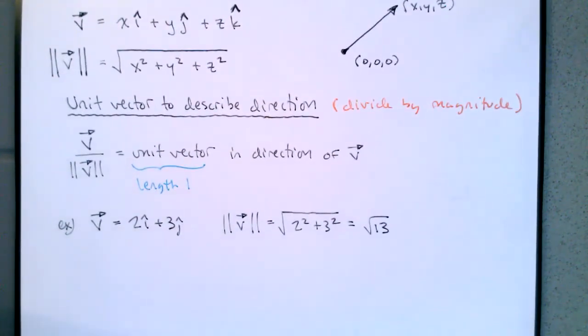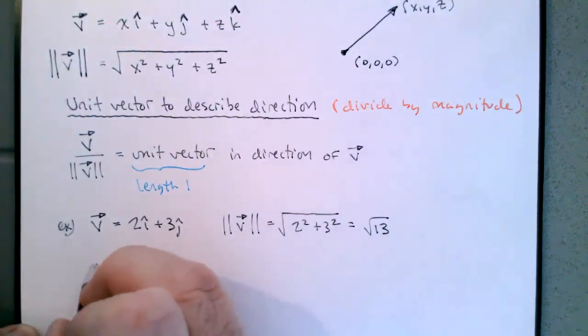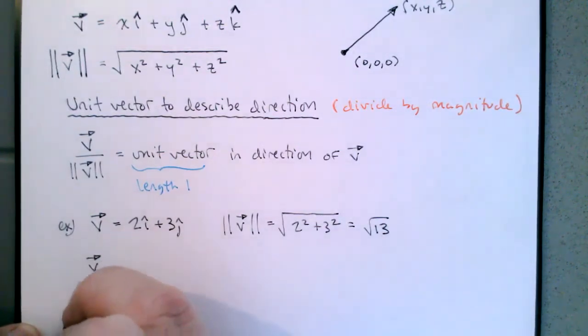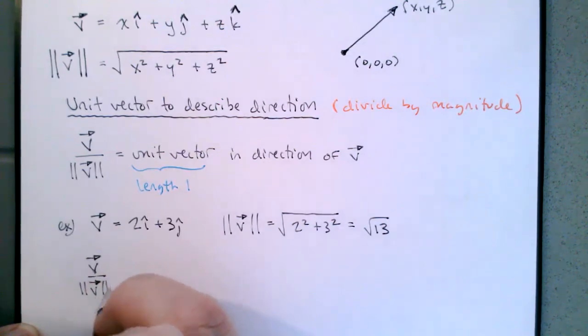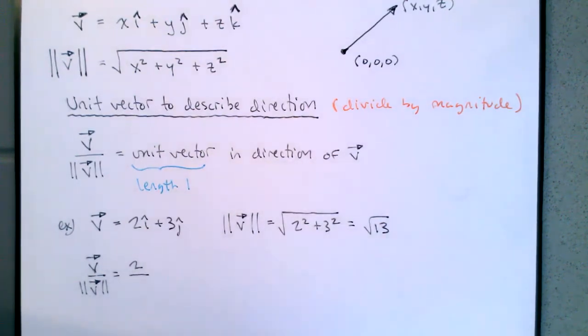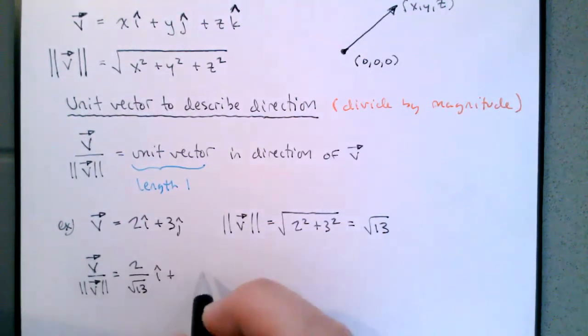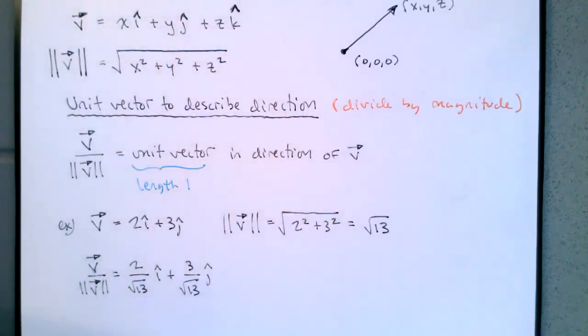So if I divide v by the magnitude of v, I'll get a unit vector in the same direction as v. And this is scalar multiplication. I just multiply everything by 1 over the square root of 13. This is a unit vector in the same direction as v.